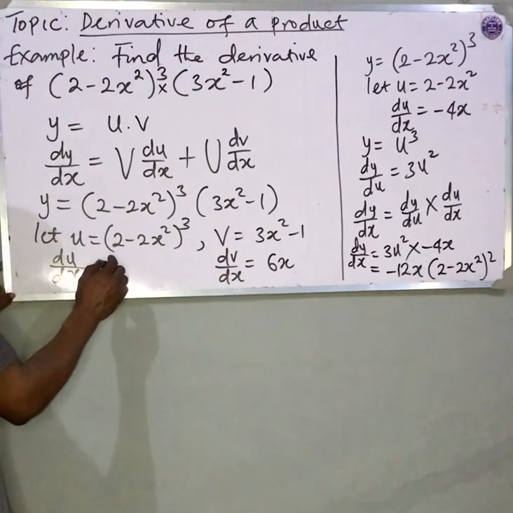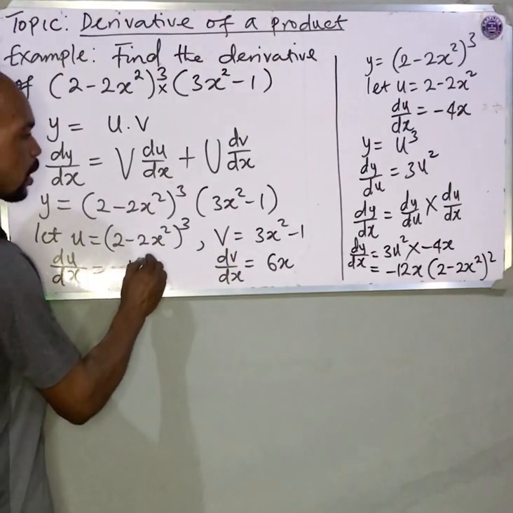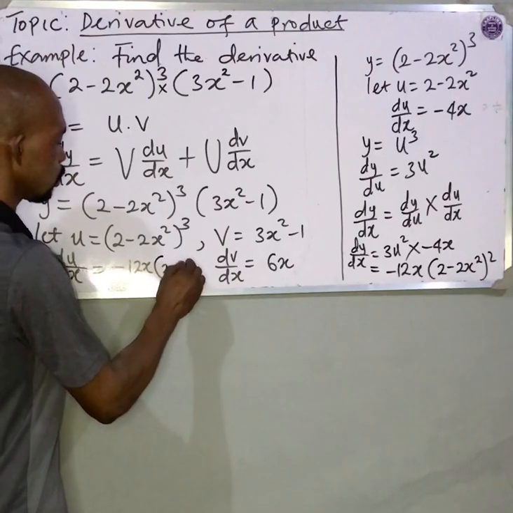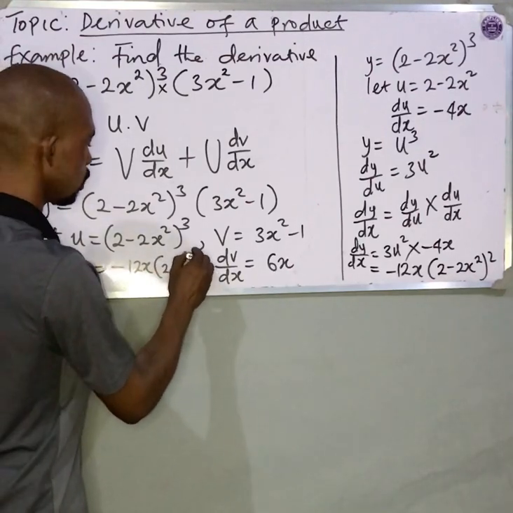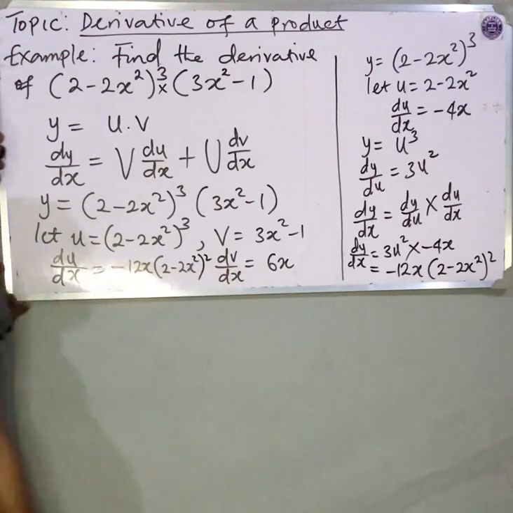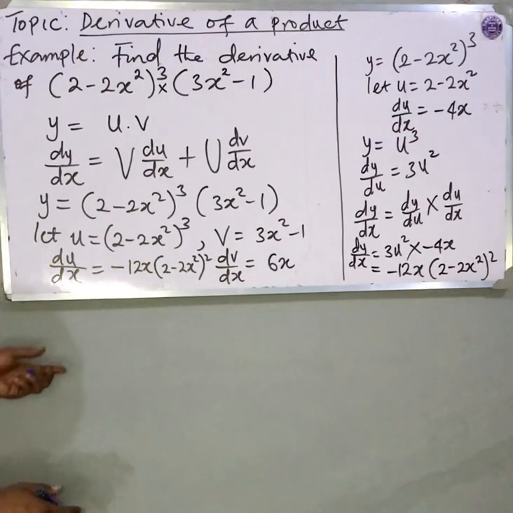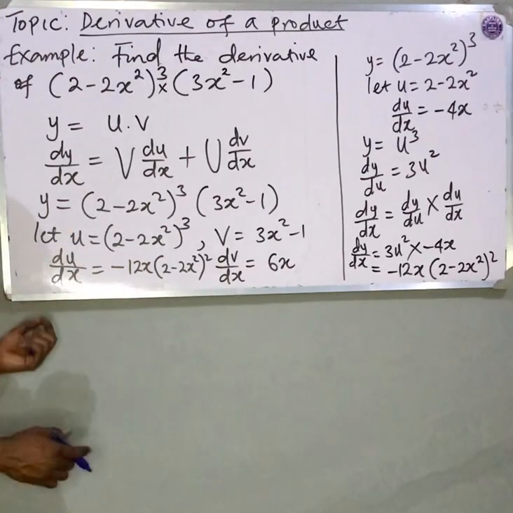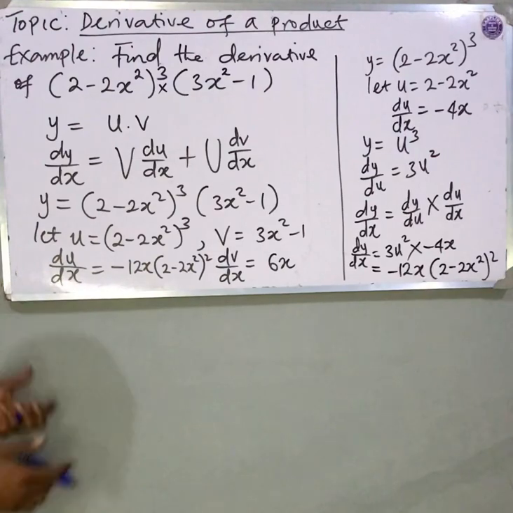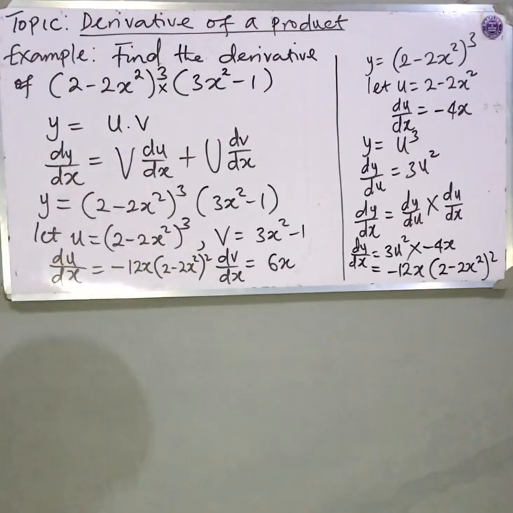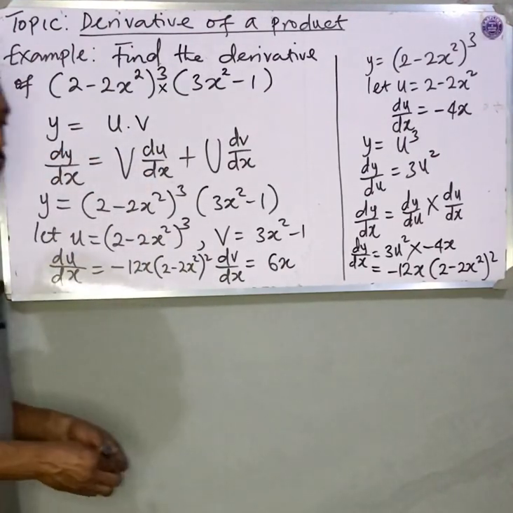So we'll bring that down here: minus 12x (2 minus 2x squared) raised to power 2. Okay, so we have our v, our u, our du/dx and our dv/dx. All we need to do is substitute them into the formula.